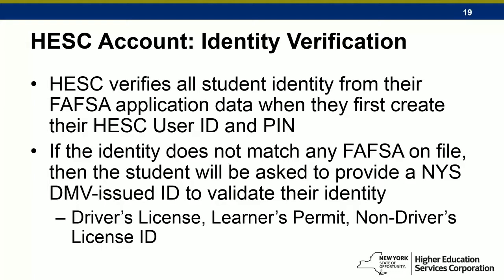If a student is filing for a New York State HESC account without having first applied for FAFSA or without us having received their FAFSA, let's say they just completed it 5 minutes ago, then we're not going to be able to verify the identity they provide on their HESC account against FAFSA. So we're going to look for a secondary way of verifying it. The student will typically be asked to provide a New York State DMV issued ID credential, like a driver's license, a learner's permit, or non-driver's license ID, in order to validate their identity.